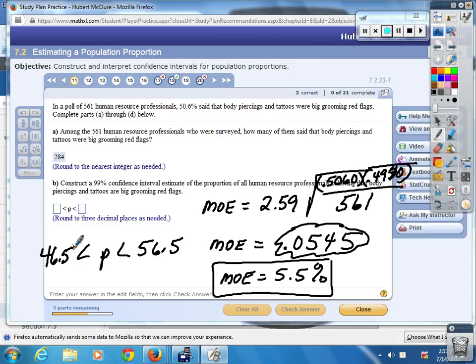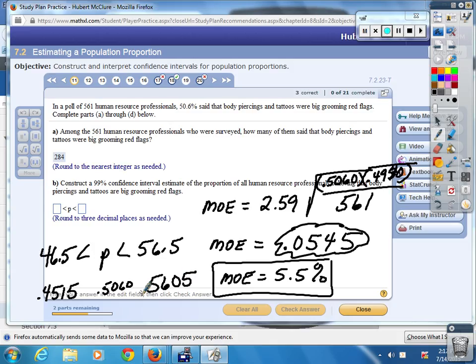Somebody give me the decimals. What is 0.5060 minus that? Y'all check me. And then 0.5605 or so. Is that right?